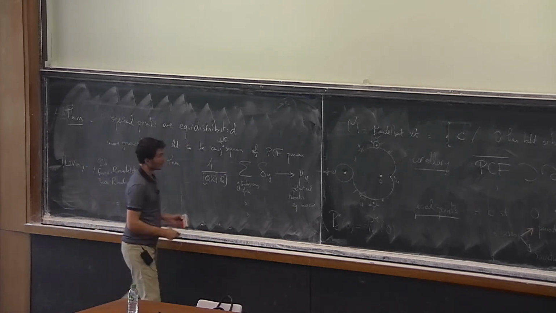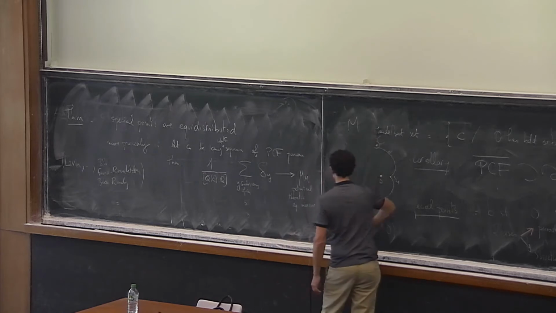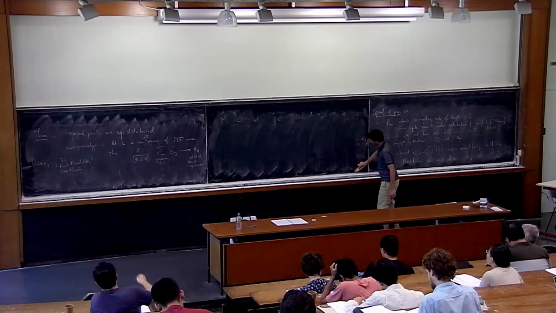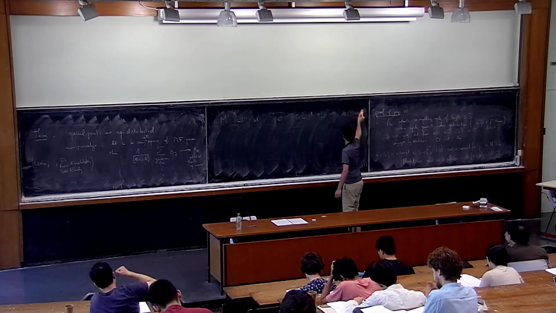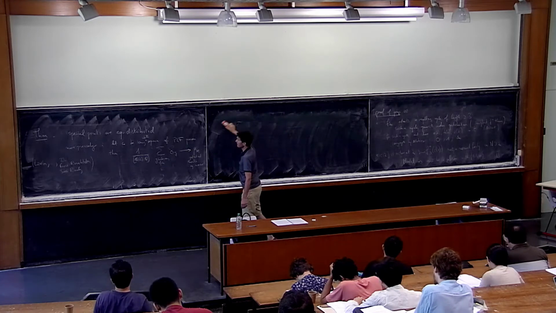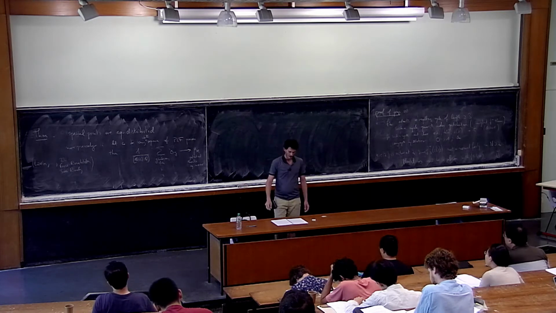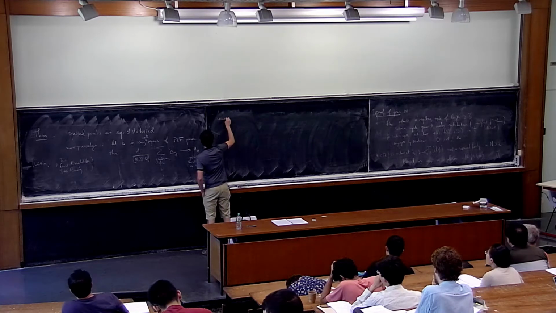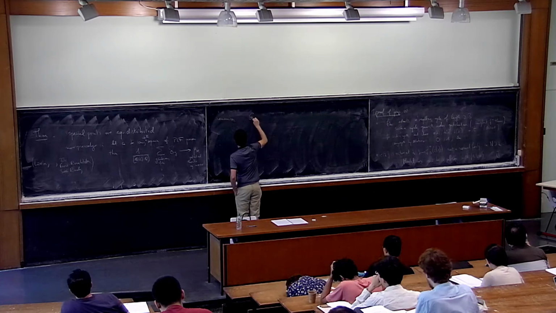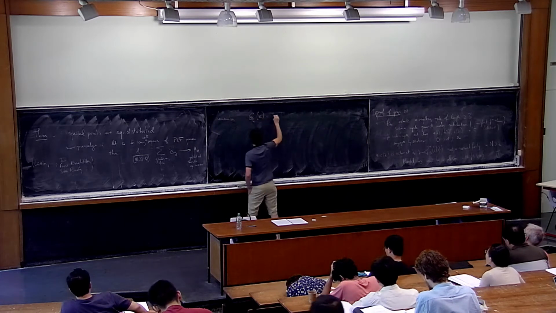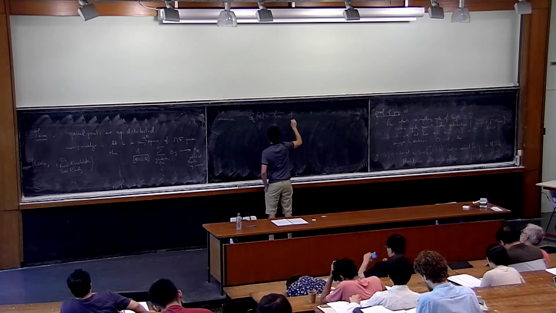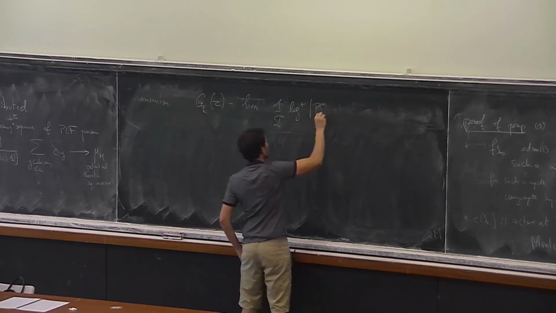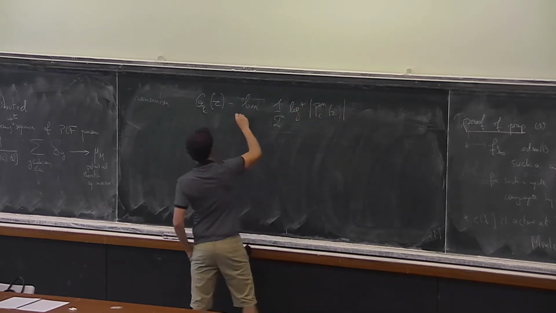OK, so let's try to prove this. We have to introduce a height associated with the problem. And so we will start by working at the complex place. So remember the Green function. The Green function of a polynomial P_c is the limit of 1 over 2 to the n times log plus of the modulus of P_c^n of z when n goes to infinity.